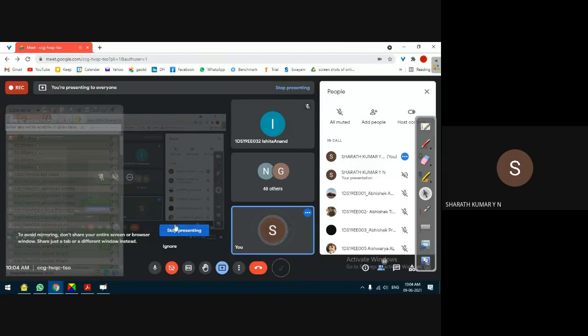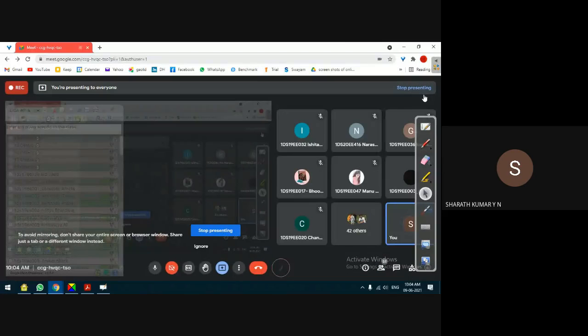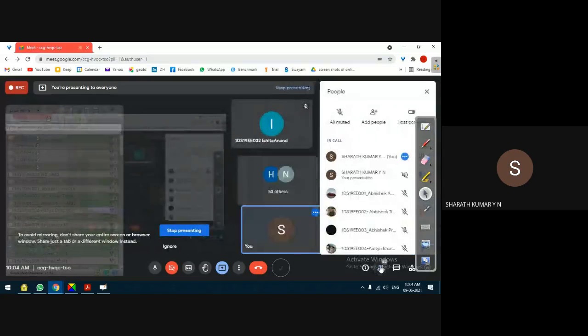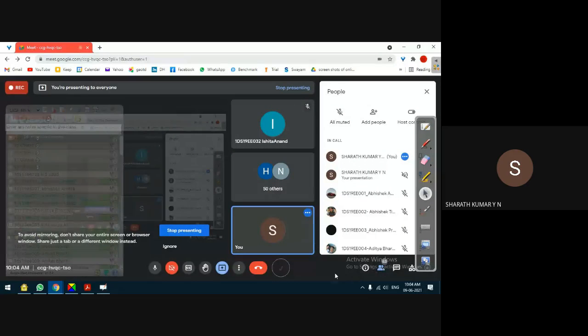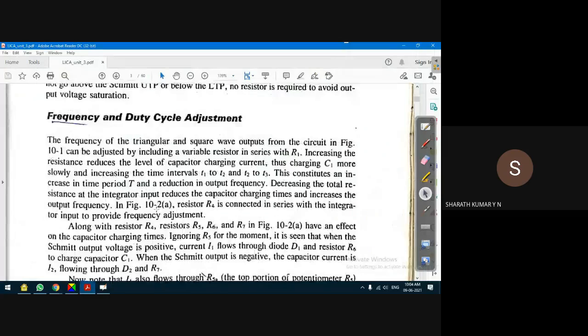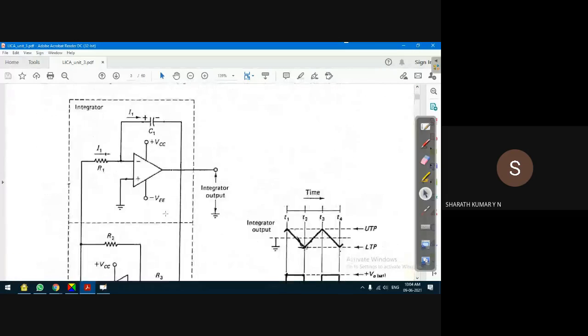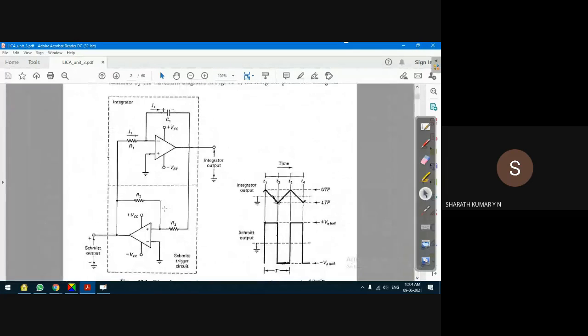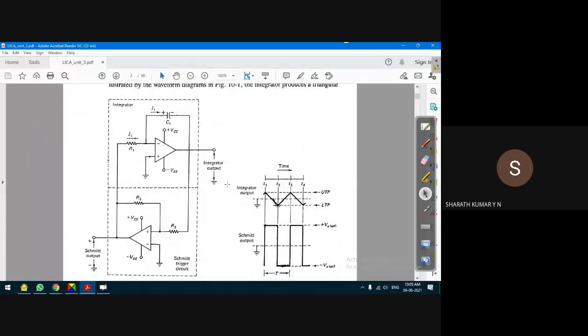Okay, so let us start the discussion. Last class we discussed the triangular and rectangular waveform generator using an integrator and Schmitt trigger circuit.